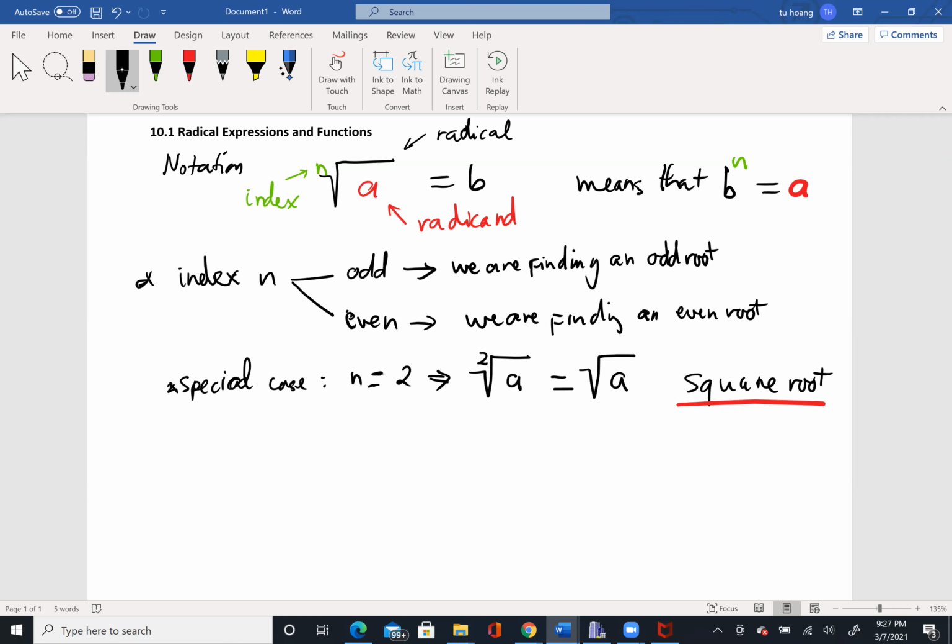We know that 6 squared equals 36, right? And negative 6 squared equals 36 also. Okay.